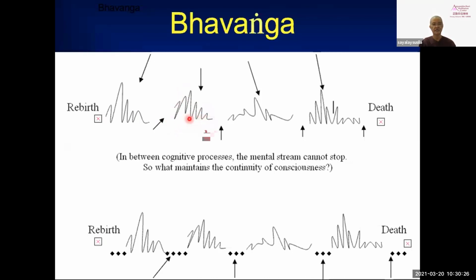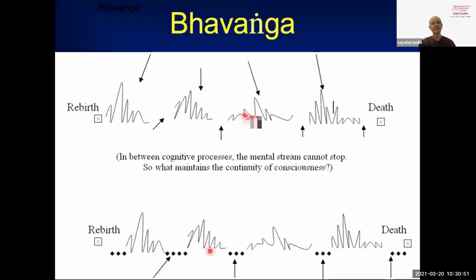Then after that, this cognitive process stops again. Before another cognitive process arises, in between there's a gap. Then bhavanga, or factor of existence, fills up the gap in order to preserve the continuity of the mental stream.